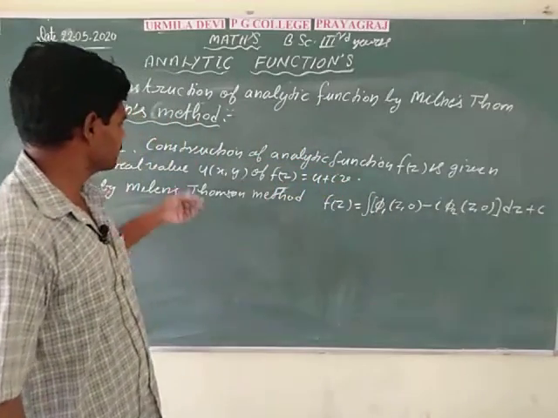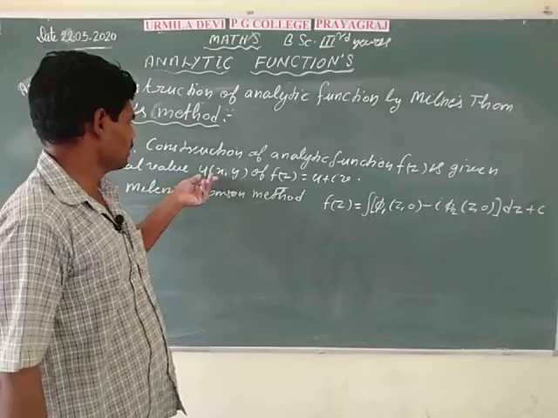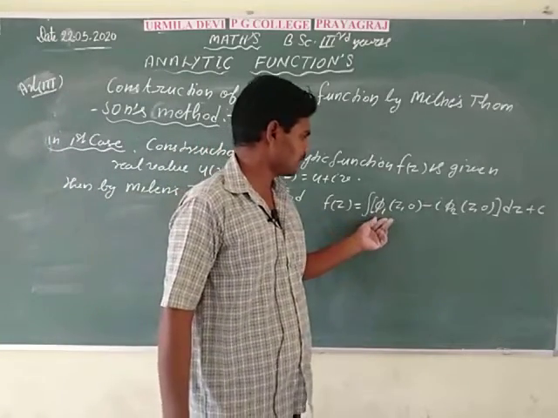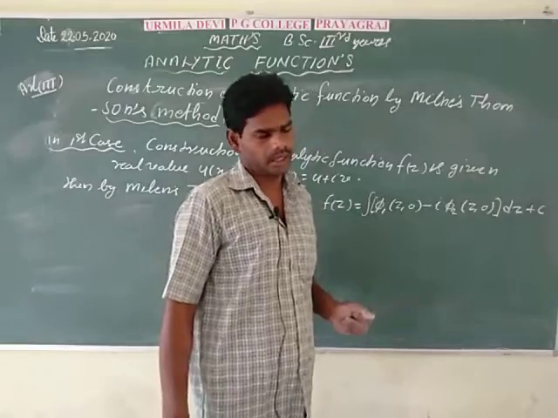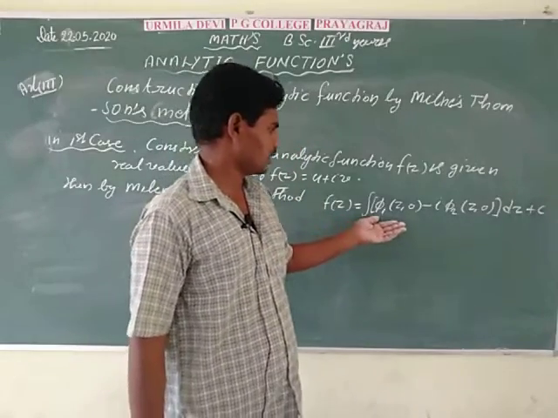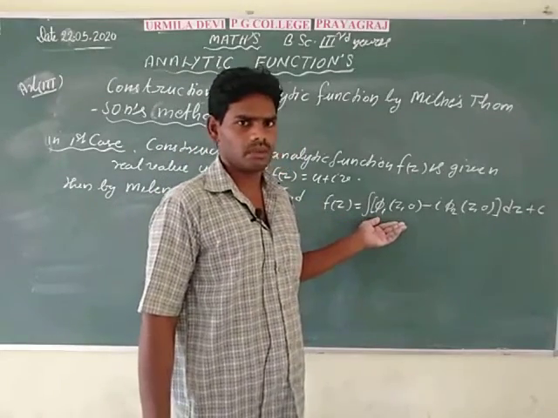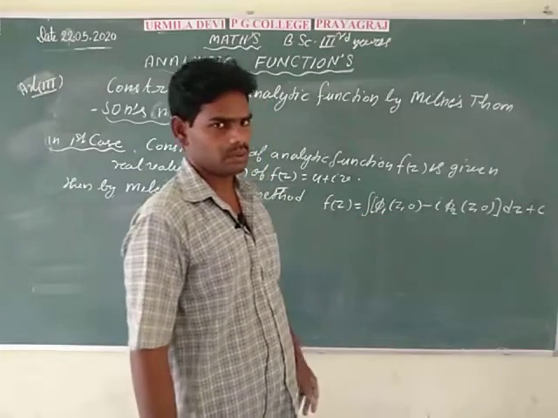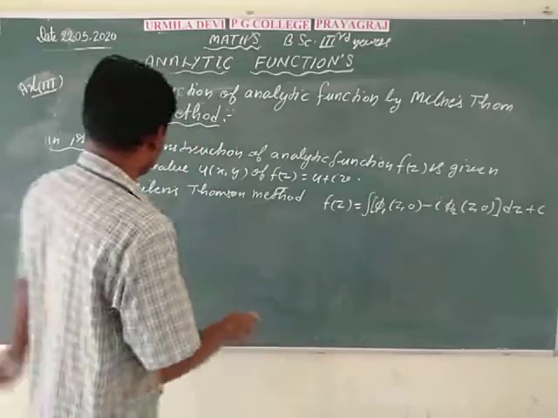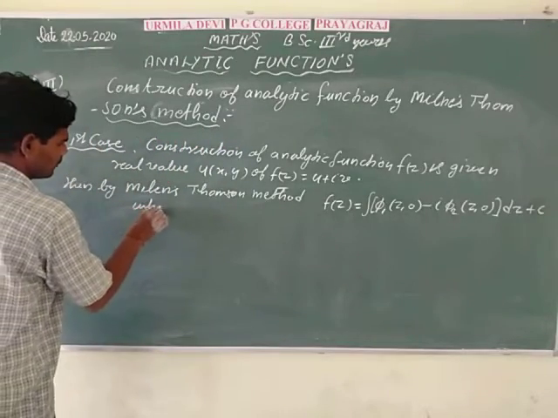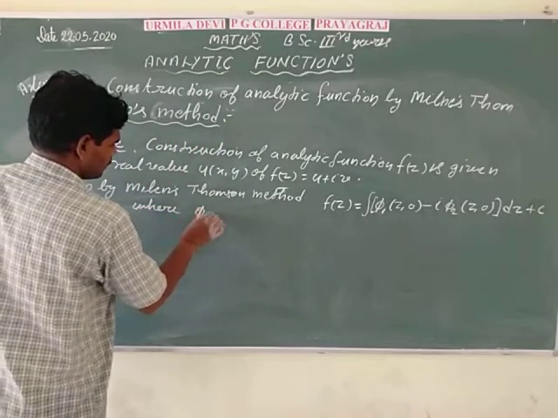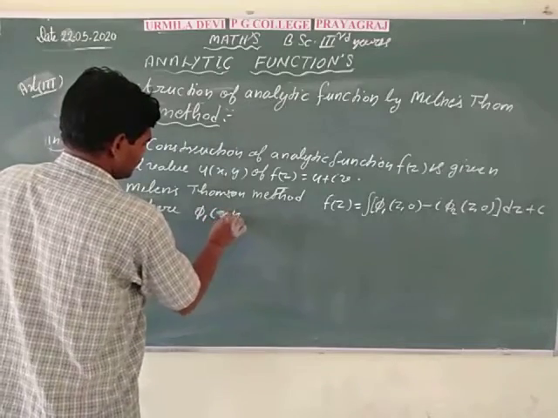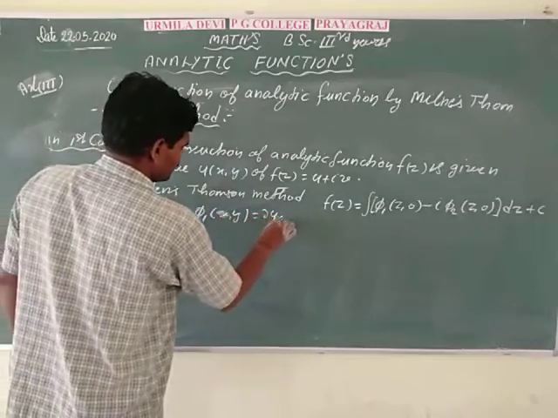In this case, given the real value u, find function phi 1 and function phi 2, put the values of these functions, and then take integration with respect to z, where phi 1(x,y) is equal to del u by del x.